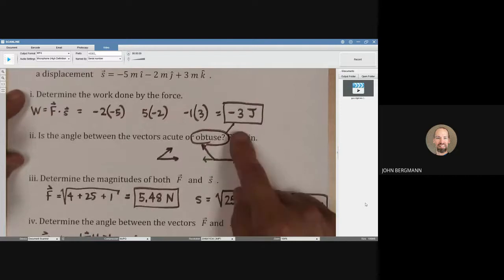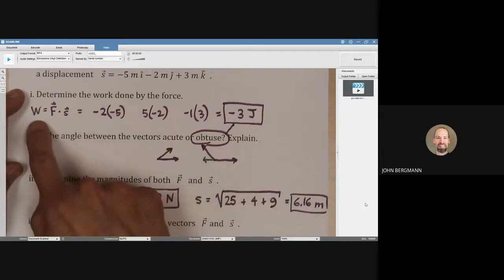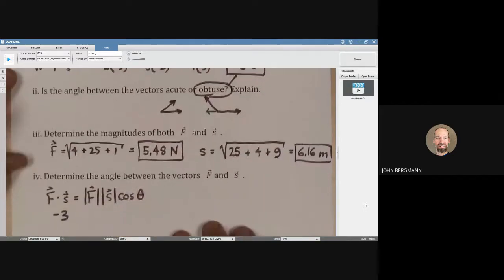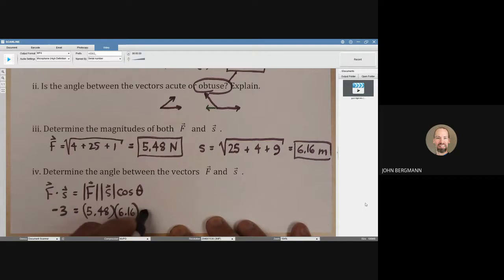There it is, right there, -3. So that's the dot product, which is the work done. So -3 is the left side. We just found the magnitudes of both of these. The force had a magnitude of 5.48, and the displacement had a magnitude of 6.16. And then we have the cosine of theta there.